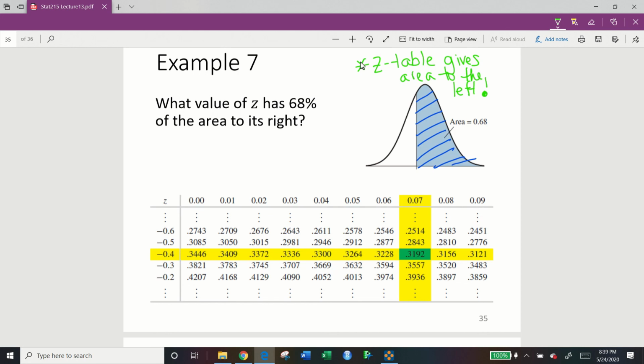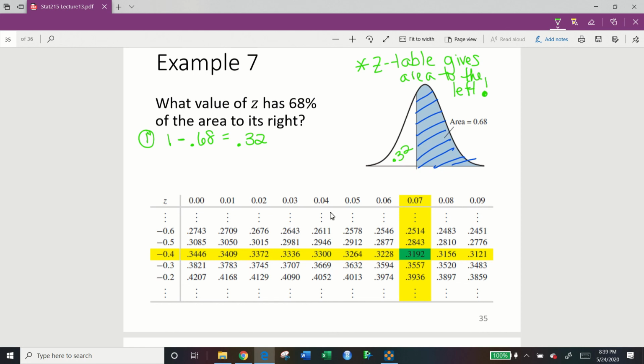Well, to start off, we're going to have to subtract 1 minus 0.68, which is going to be 0.32. That is the value that is to the left of the curve. That's what we need to find in our z table.